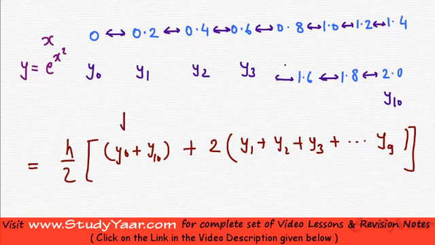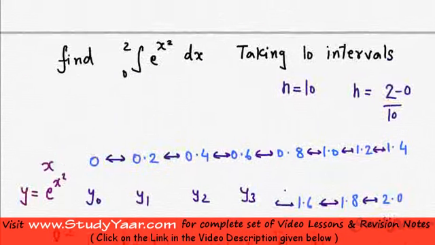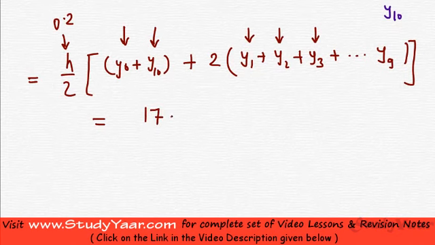Just putting the values of all the y's over here, you have your h as 0.2, and whatever is the final result is the value of this integral. The final result basically comes out to be 17.0621.